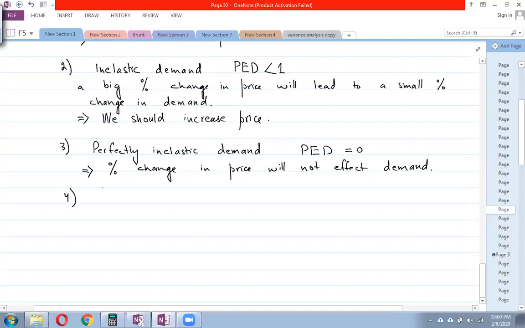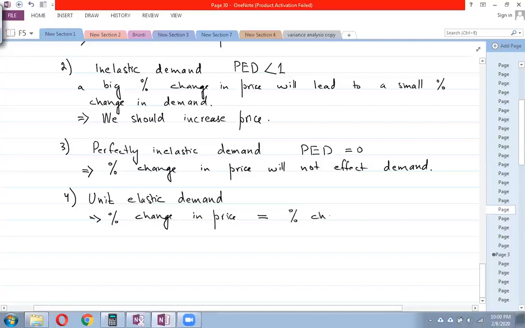And the fourth one is unit elastic demand. And we said percentage change in price is actually equal to the percentage change in demand, right?